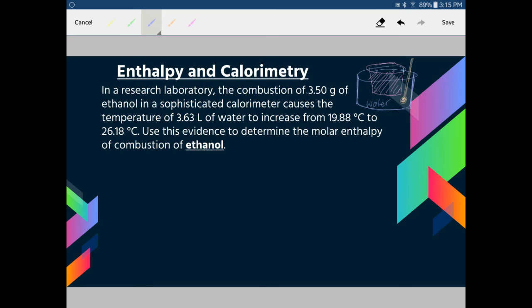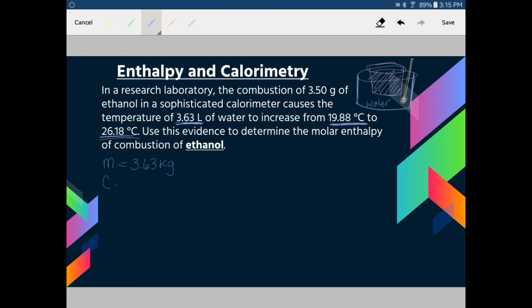So it says 3.5 grams of ethanol. So that is not part of our water. That is the ethanol component. Okay, causes the temperature of 3.63 liters of water to increase in temperature from 19.88 degrees Celsius to 26.18 degrees Celsius. So when I go to write this down, I need to write that my mass is equal to 3.63 liters, which is equal to 3.63 kilograms, because 1 milliliter is equal to a gram, and we have liters, so that's equal to a kilogram.